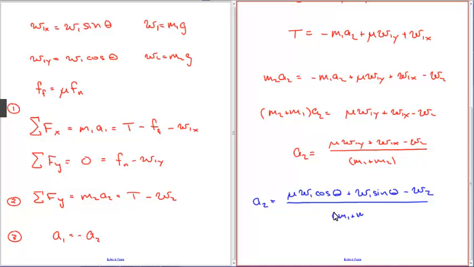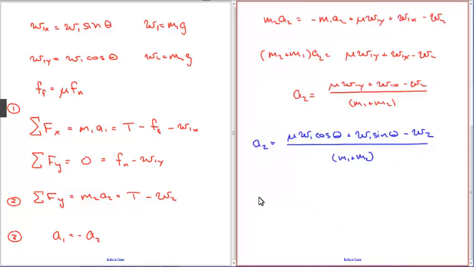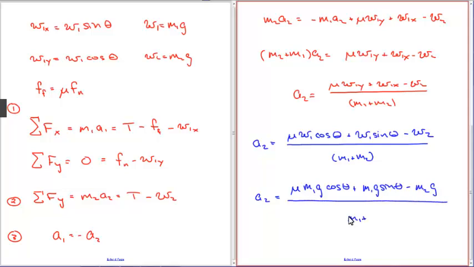And then finally, A2 is equal to mu times W1, but W1 is M1 times G, and then we have the cosine of theta, plus W1, which is M1 times G times the sine of theta, minus W2, which is M2 G, all divided by M1 plus M2. Okay, so that's the final equation. You could actually do some substitutions earlier if you wanted to. And in this case, it just works out in terms of units better to do it this way.